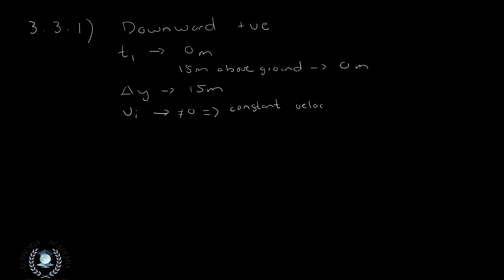Now the ball is inside the hot air balloon, and while the balloon is moving at this constant velocity, the ball will also have this constant velocity. The ball is not going to be resting because it's moving with this thing.